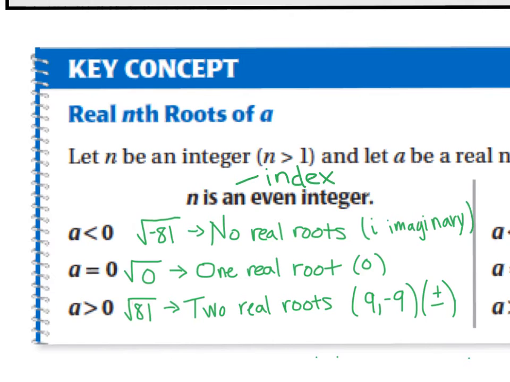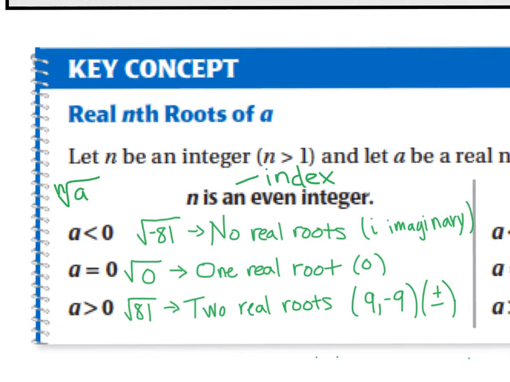So again, your imaginary values come into play. If a is less than 0, so if the a underneath your square root is a negative value, you won't have any real roots as long as your index is even. It'll have to be imaginary. When a equals 0, when your number underneath that radical is 0, you can only have one solution because you can't have a positive or negative 0.